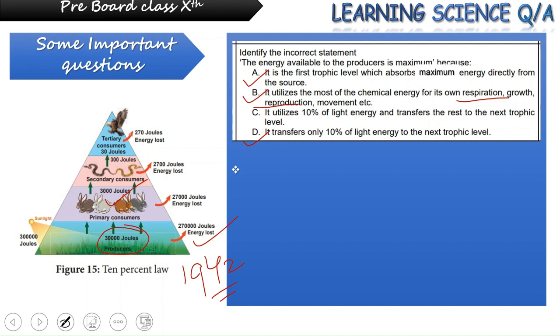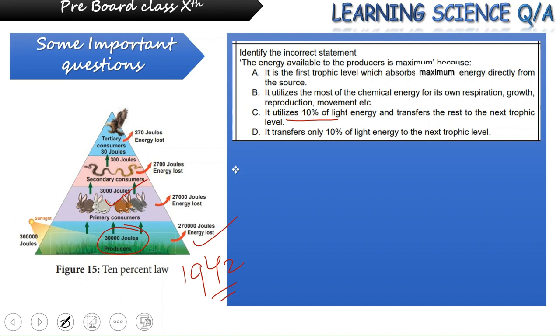Now, coming back to the question, the C statement says it utilizes 10% of the light energy and transfers the rest to the next trophic level, which is not right. This statement says that a major amount of energy is passed on to the next trophic level, whereas only 10% is utilized by the trophic level itself, which is not correct.